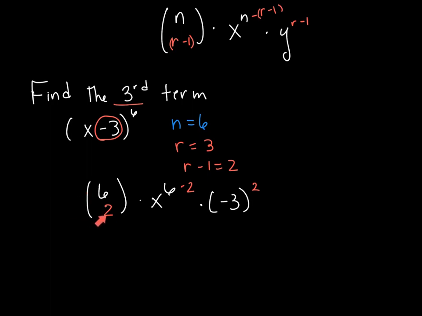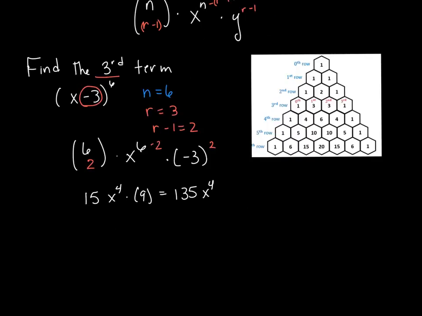All right, so to finish the computations, 6 choose 2 is just equal to 15 times x to the 4th times 9, or 135 x to the 4th. And if I want to look at this using Pascal's triangle, remember n is equal to 6.